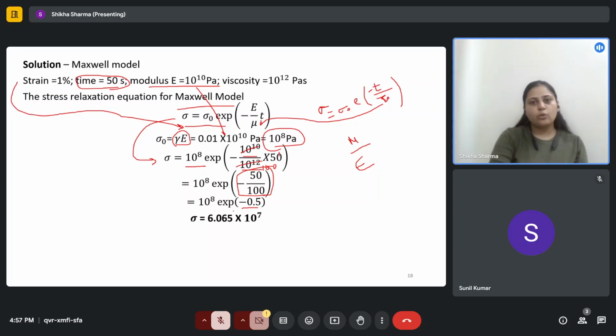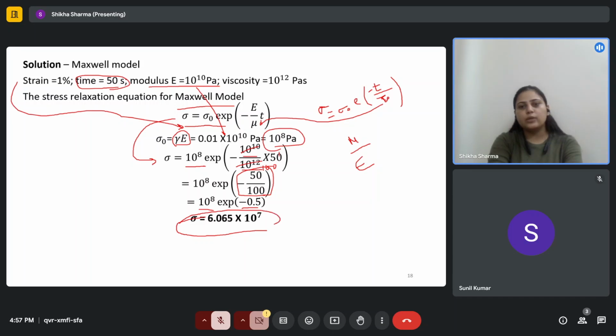Exponent minus 0.5, multiplied by 10 to the power 8, the stress at 50 seconds, equals 6.065 into 10 to the power 7, right? This much Pascal.